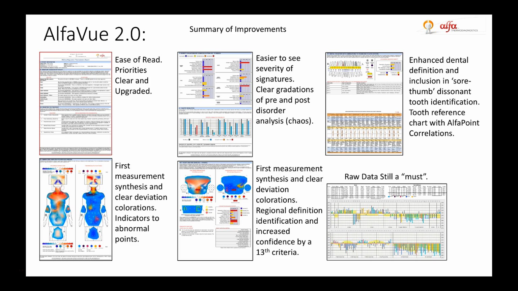And then we see the algorithmic degree of stress of the signature patterns. And then we have the chaos indicator. We then have the 13th criteria of the breast and the side difference, as well as the mapping. And then we have in the teeth the new sore thumb or dissonant tooth, and with a tooth chart. And of course, we still need our raw data chart for reference.